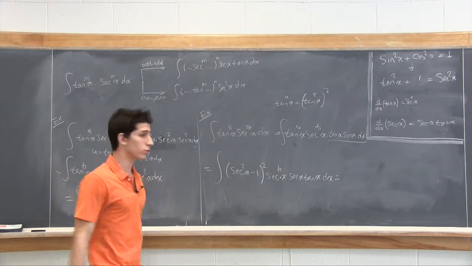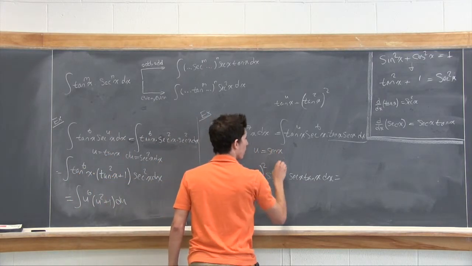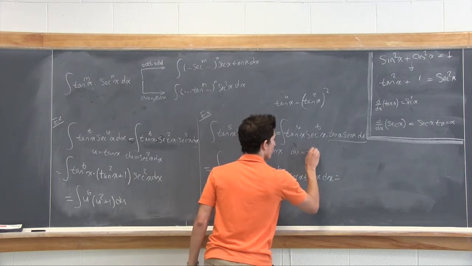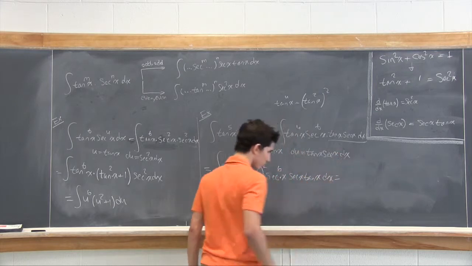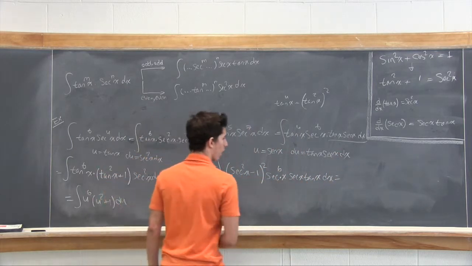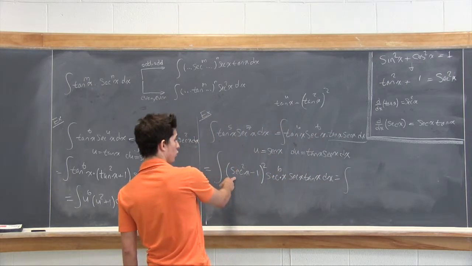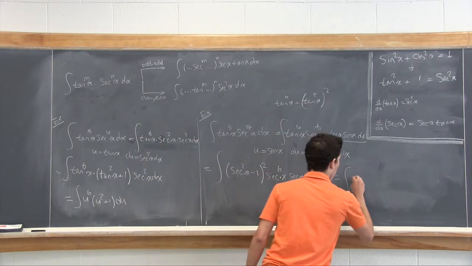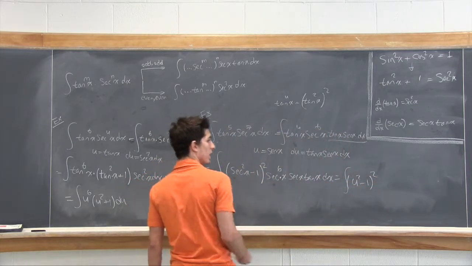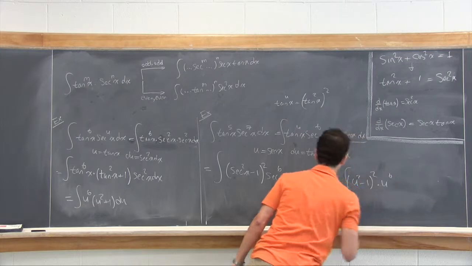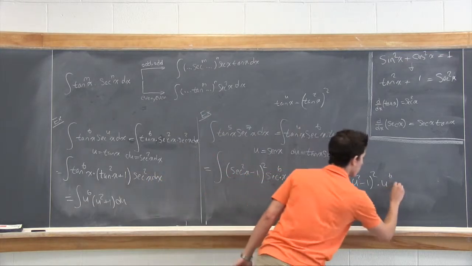Now I'm ready to do my u sub with my u being secant x and my du being tan x secant x dx. So now I'm just going to substitute. It's going to be u squared minus 1 all squared. Then I have a u to the 6th. Then I have a secant x tan x dx, which is going to be my du.